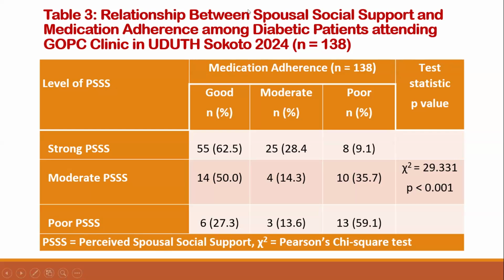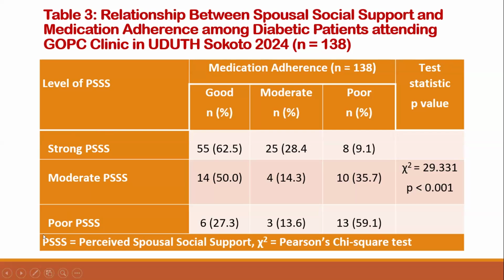So PSSS is perceived spousal social support and medication adherence among diabetic patients attending GOPC clinic. So we have good, moderate, and poor for the medication adherence, then for the level of PSSS, we have strong, moderate, and poor.